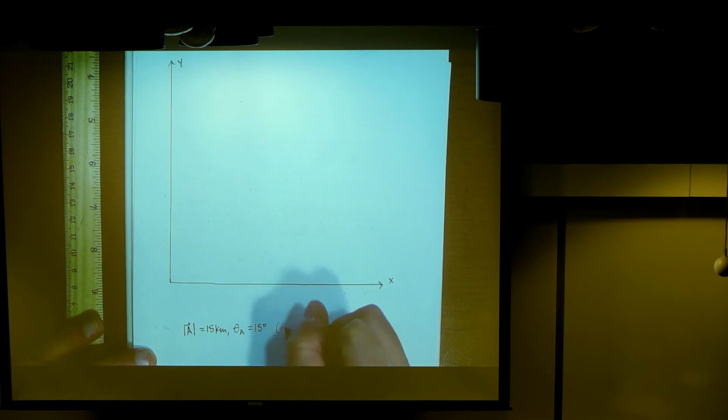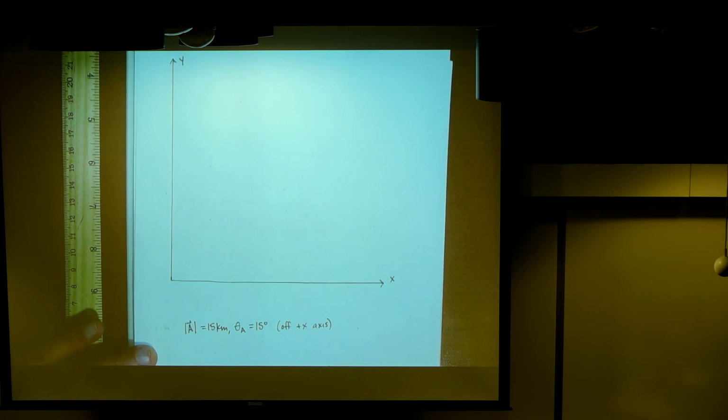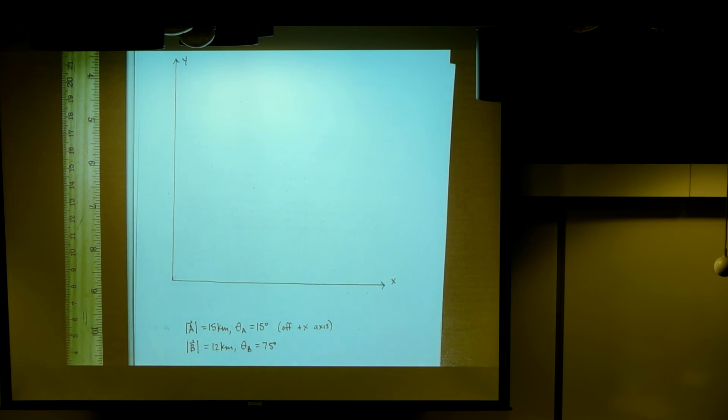And that's off the x-axis. Okay, the second vector, that has a magnitude of 12 kilometers. And that makes an angle theta B, which is 75 degrees off the x-axis, okay?